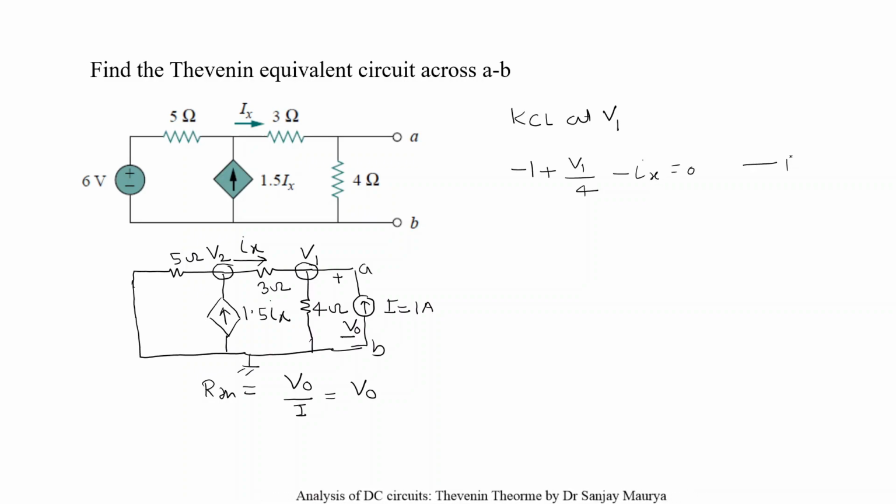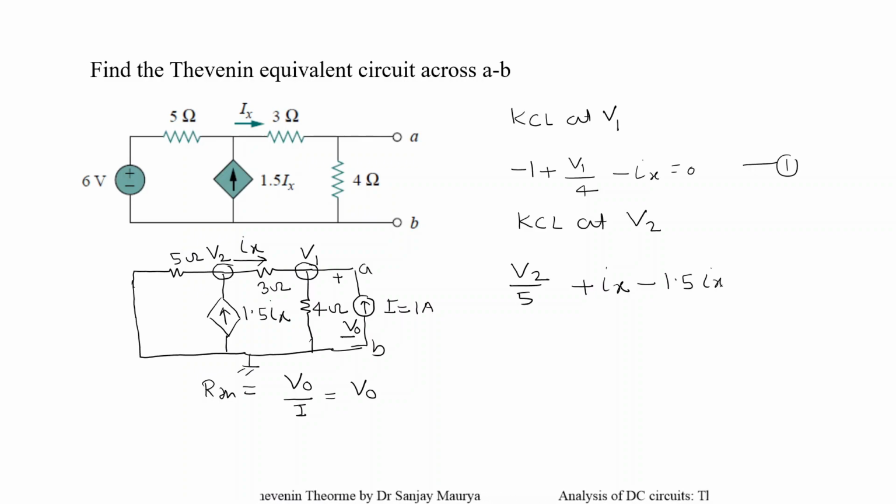One equation. Now I'm writing KCL at V2. Current in 5 ohm will be V2 by 5, and current in 3 ohm will be Ix, because this current is outgoing, and this current is coming inside, so I'll write this one as minus 1.5 Ix is equal to 0.